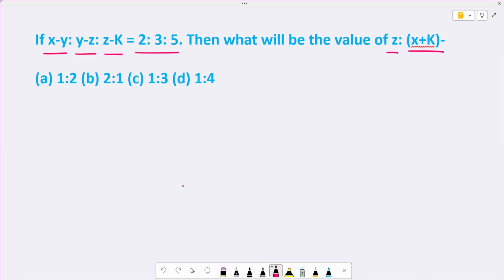We need to find values or information from the given equation to put here and find what the question is asking. Since the options are given in ratio, the answer will also be in ratio, because here also the ratio is asked of z to x plus k, and we are given all the variables and the relations among them.